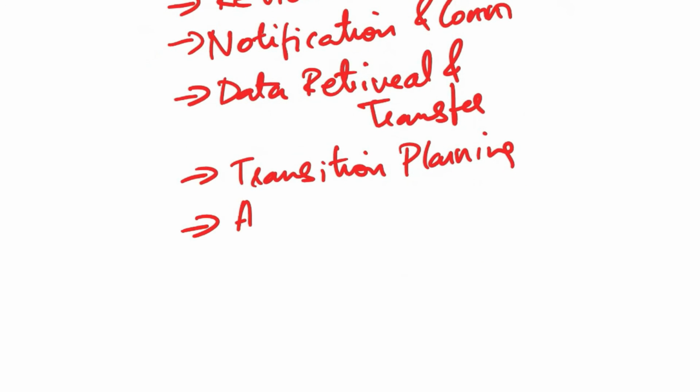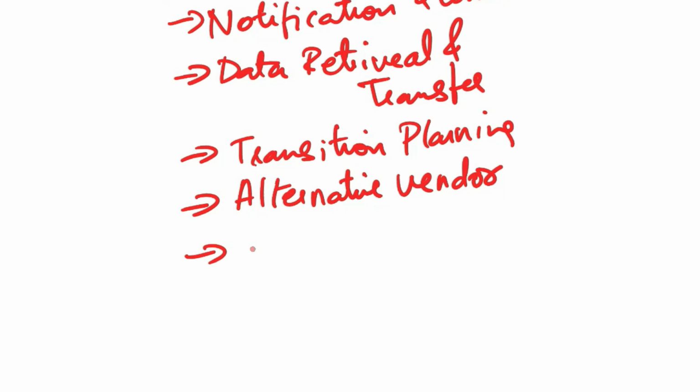Next, identify alternative vendors or service providers who can seamlessly take over the responsibilities or services previously provided by the existing third party. Evaluate their capabilities and initiate the onboarding process as needed. Next, ensure that the exit process complies with the legal and regulatory requirements.